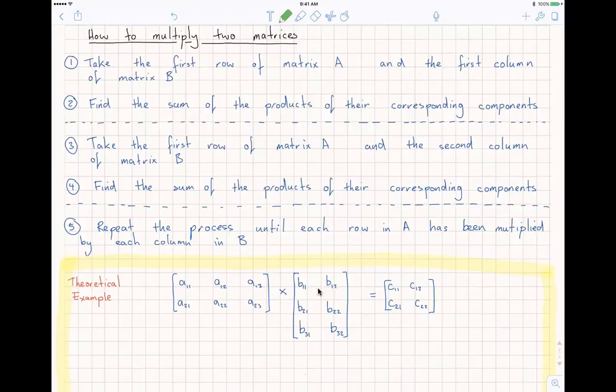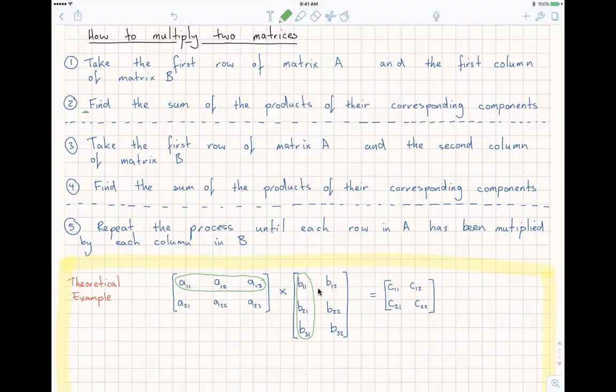So what we actually do is we take the first row from matrix A and the first column of matrix B. So for these examples that I've got there, we take that first row of the first matrix and we take the first column of the second matrix. The second step, we find the sum of the products of their corresponding components.